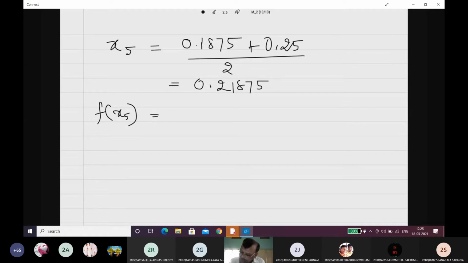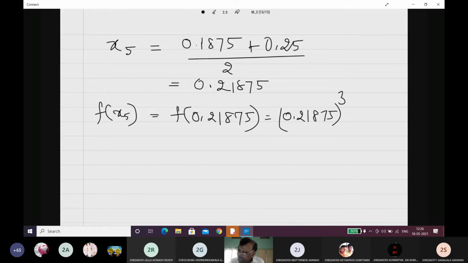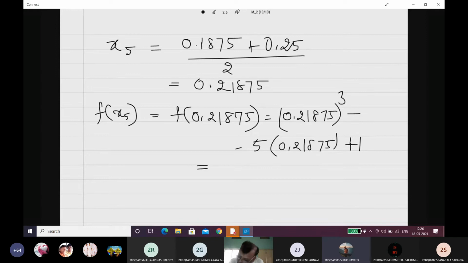f of x5 is equal to f of 0.21875, that is equal to 0.21875 whole cubed minus 5 into 0.21875 plus 1. Minus 0.0832.